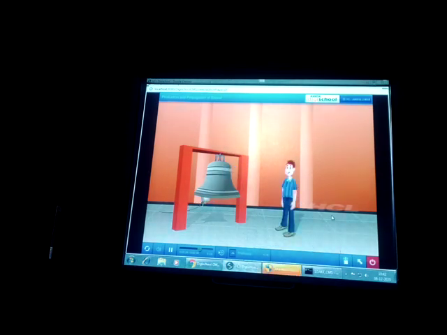The bell was set into vibration when the hand rang it. The person stopped the bell by holding it and stopping its vibrations.